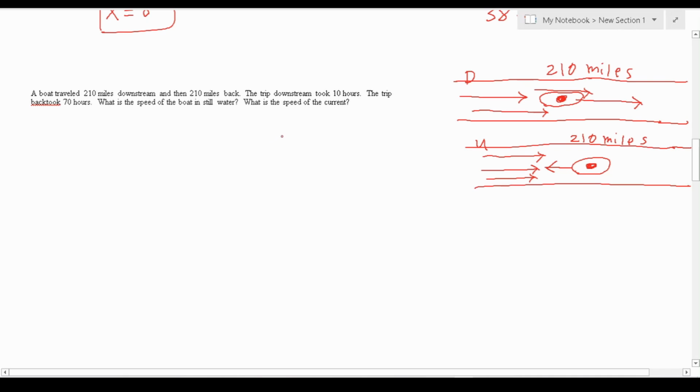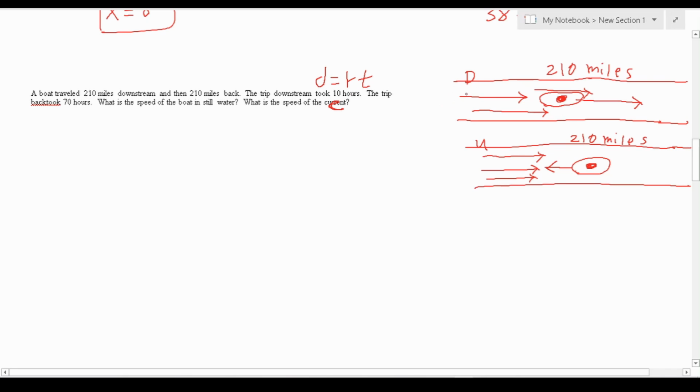Well, in this case, we're going to use a concept that I've mentioned in pretty much all of my videos, namely the concept of distance equals the rate of something times the time it travels, that is d equals rt. And more specifically, we're going to add in the variable current. In this case, I'm going to call current C. So we're actually going to be dealing with 1, 2, 3, 4 variables.